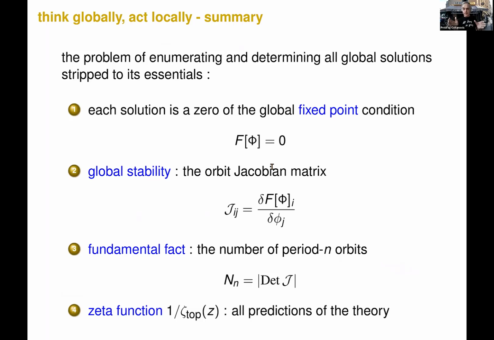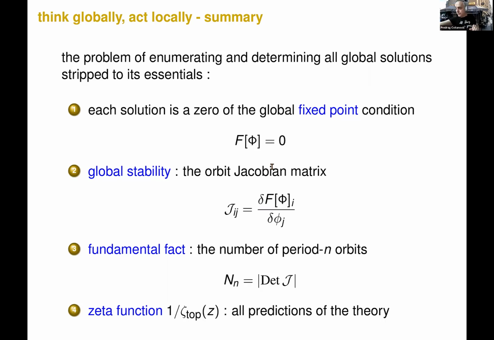So to summarize, what's deterministic chaos in a modern way? You have to find solutions of your law, of your equations of motion, and you find them globally as fixed point conditions. Then you have to understand their stability. That's described by the orbit Jacobian.